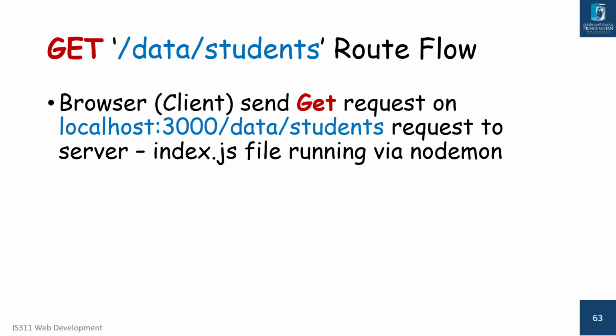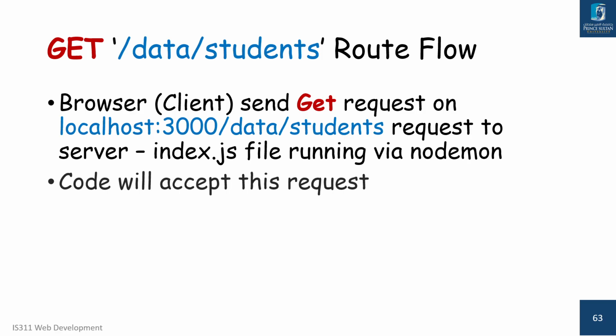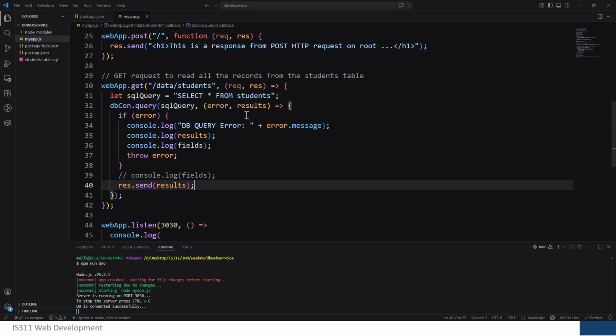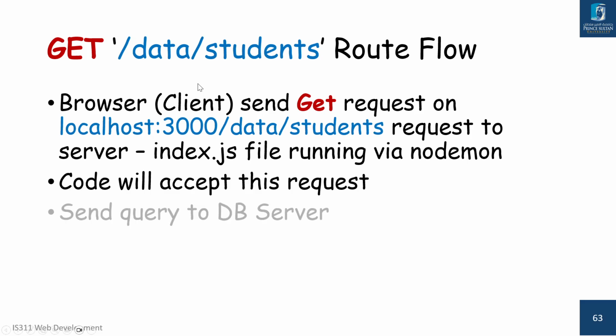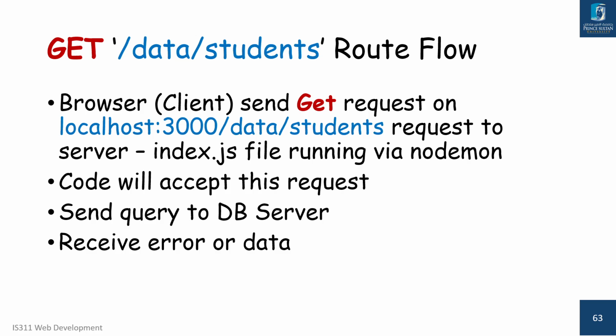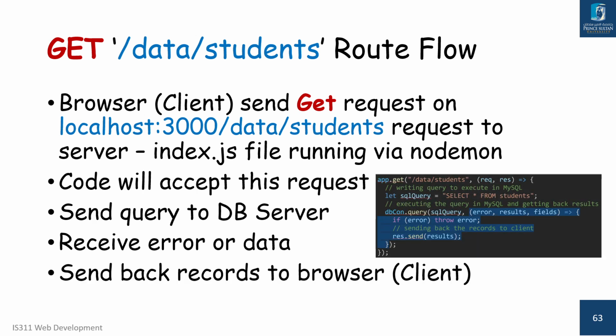We send the request on that specific URL, and this request is accepted by our server. In this case, that is the myapp.js file which is running right now, and then we send the query to the database server using that backend server, and then we receive an error or data from our database management system, or DBMS, and then we send back that record to the client.